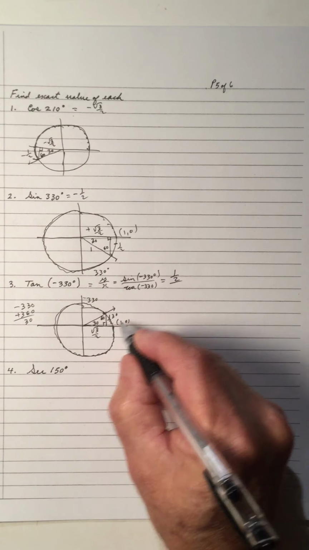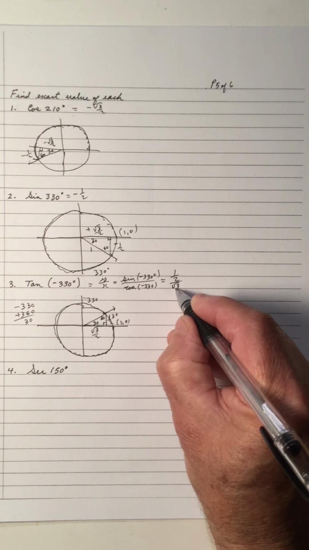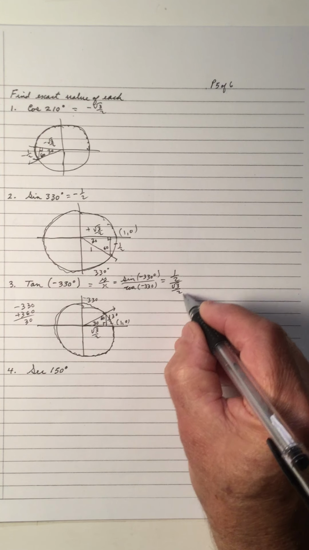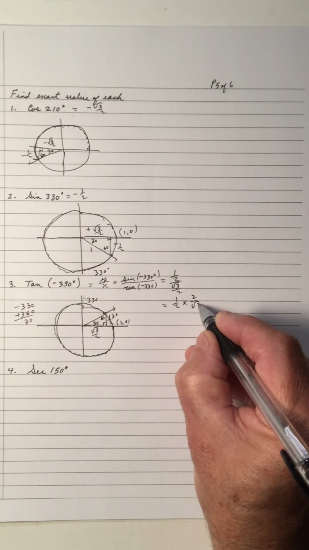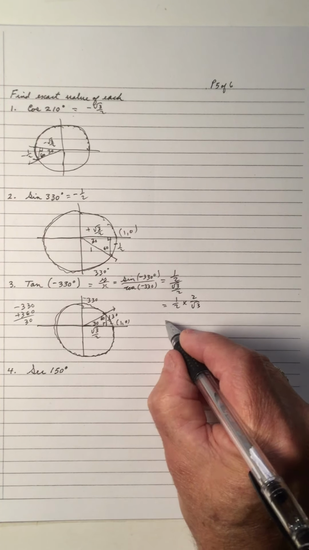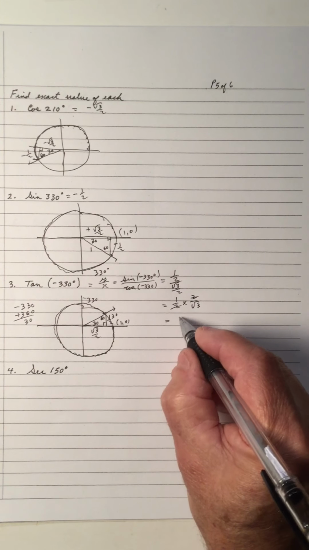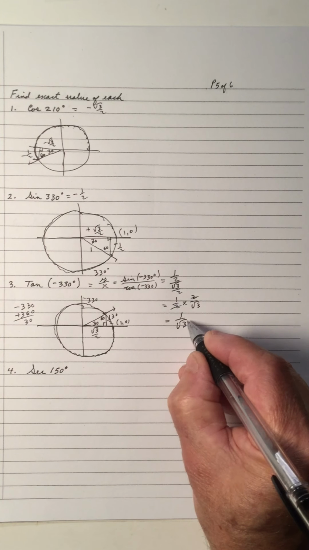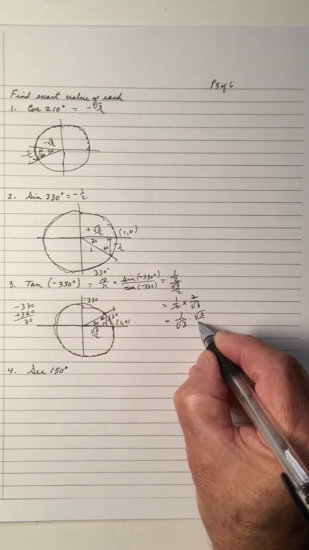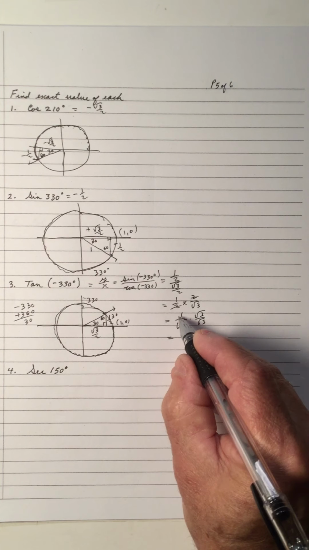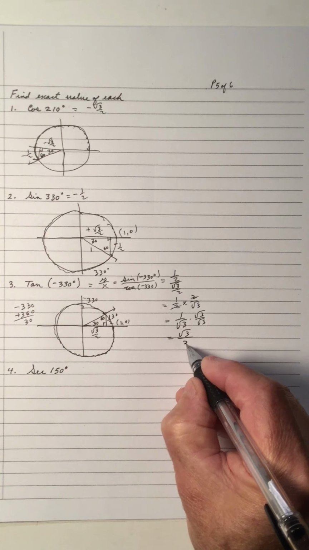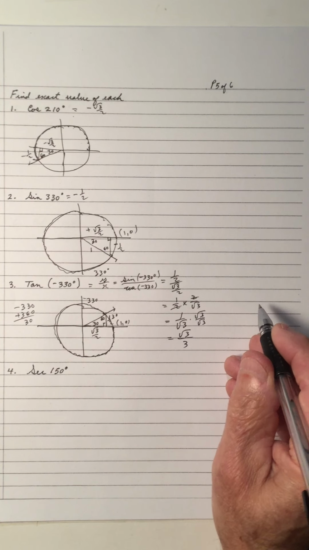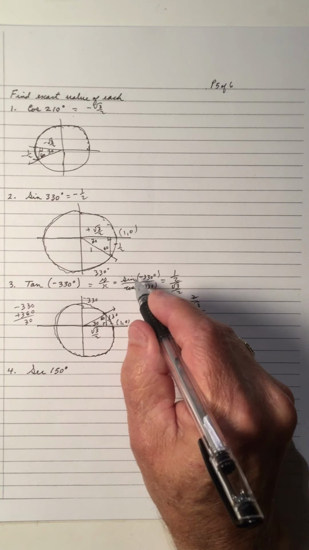The cos is just root 3 over 2. So that becomes a half times 2 over root 3, because when you divide, you multiply by the reciprocal. The 2's cancel out, you get 1 over root 3 times root 3 over root 3. 1 times root 3 is root 3. Root 3 times root 3 is just 3. So the tan is the y over the x, or the sine over the cosine.